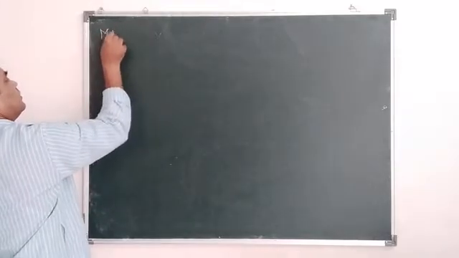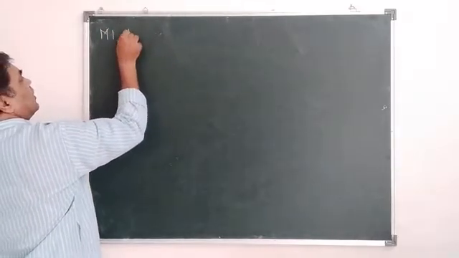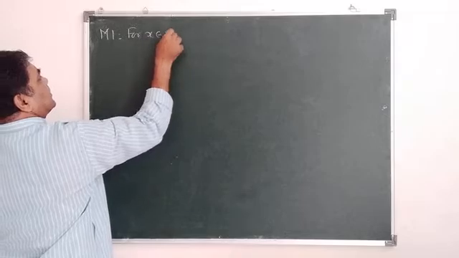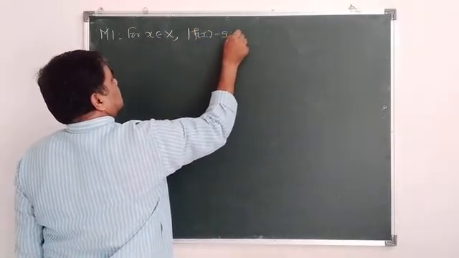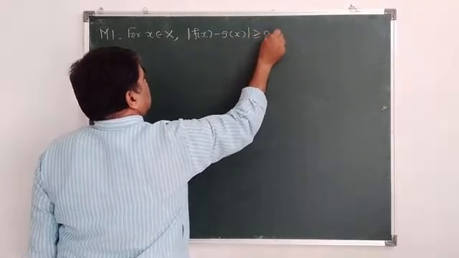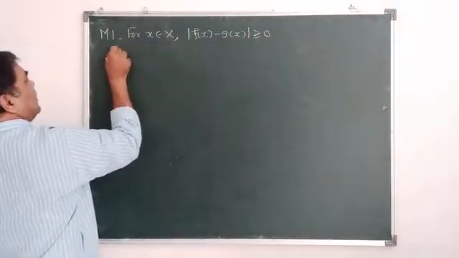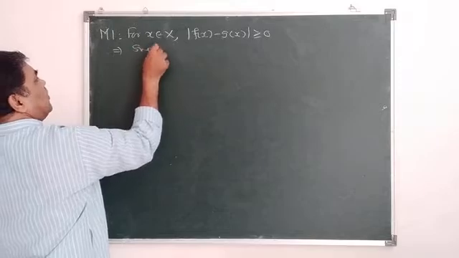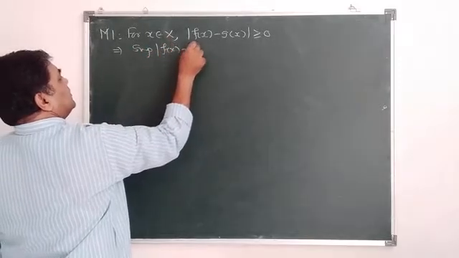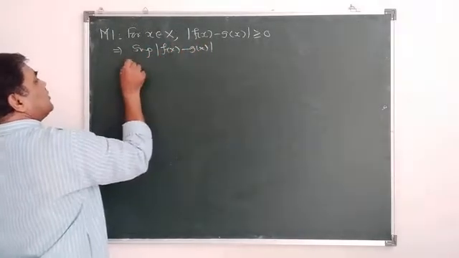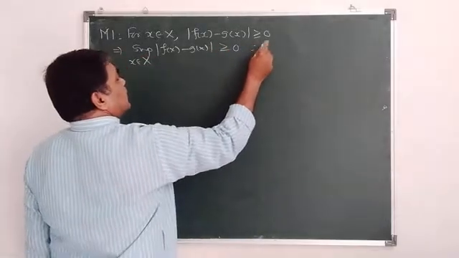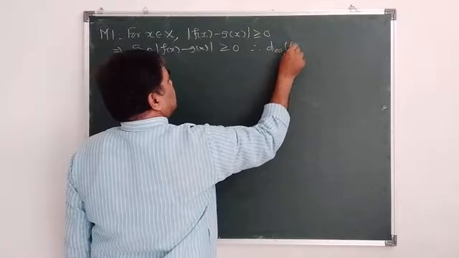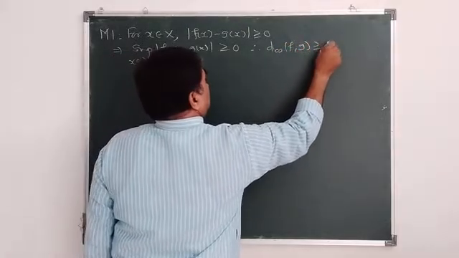M1: for x belonging to X, mod f(x) minus g(x) is greater than or equal to 0. This implies the supremum of mod f(x) minus g(x), which exists, for x belonging to X, must be greater than or equal to 0. Therefore d infinity of (f, g) is greater than or equal to 0.